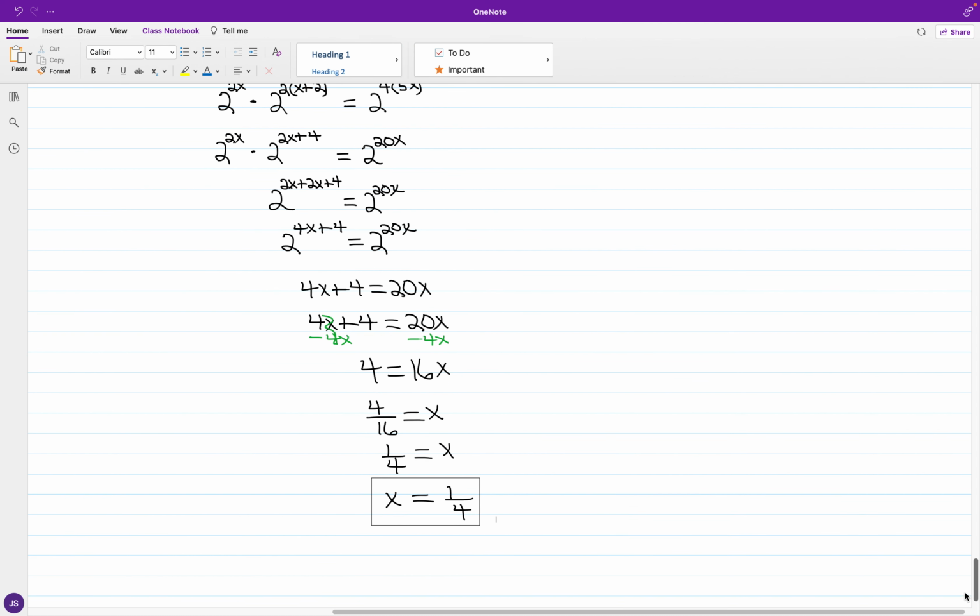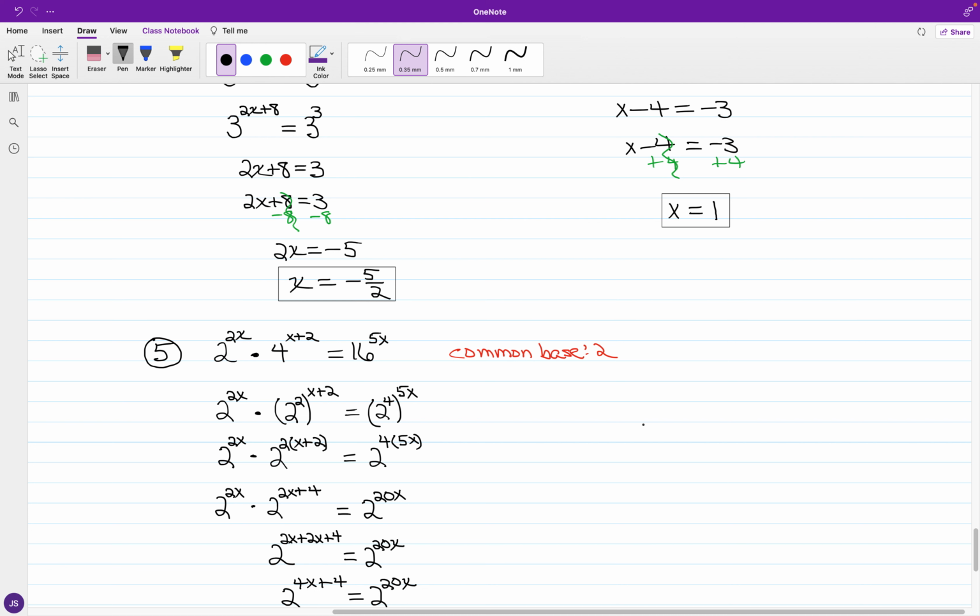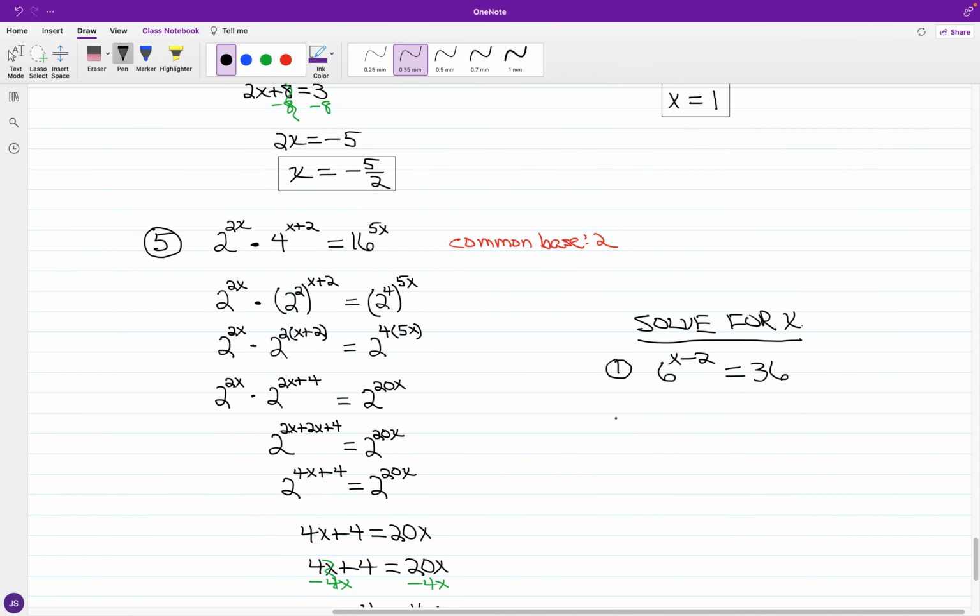Okay. All right. And just some items here. If we're looking at solving for x, let's say first of all, we'll say we have 6 to the x minus 2 is equal to 36.